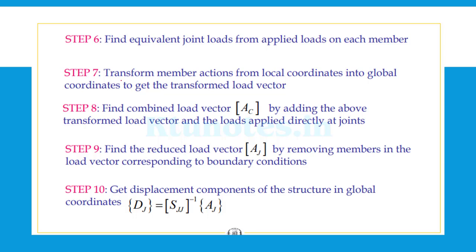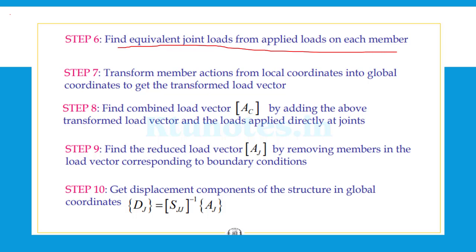The step 6, find the equivalent joint load from the applied loads on each member. Then transform the member actions from local coordinate to the global coordinate to get the transformed load vector. Then find the combined load vector AC by adding the transformed load vector and the applied loads directly on joints.